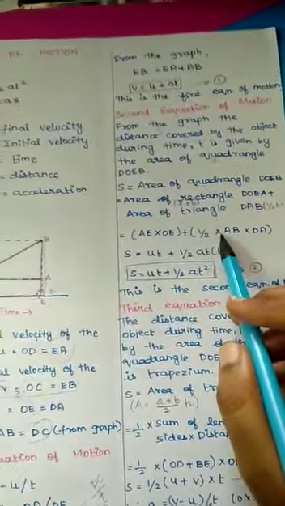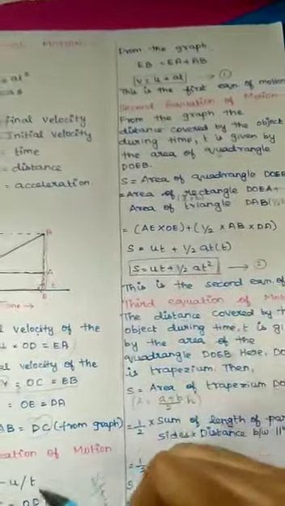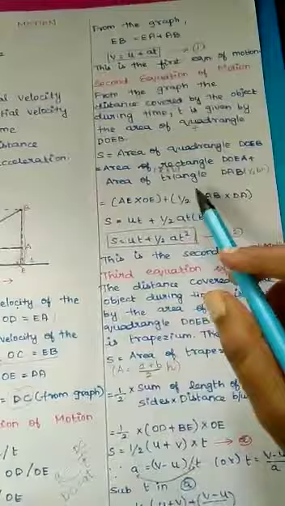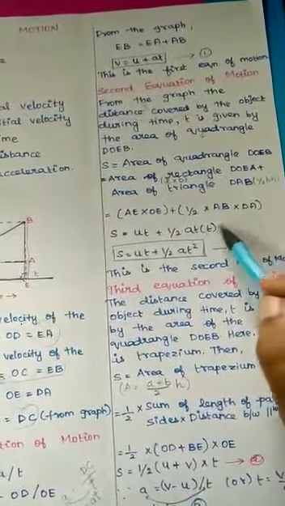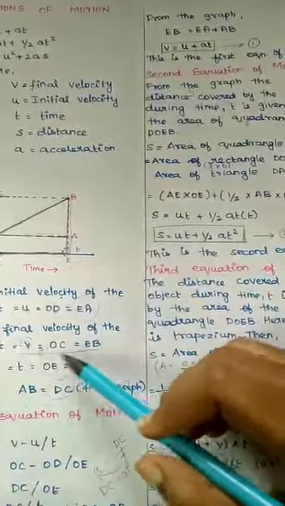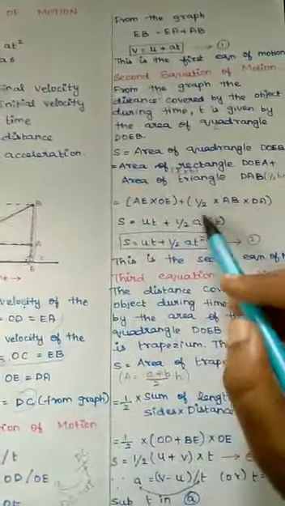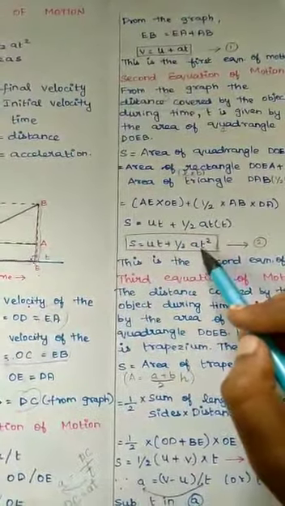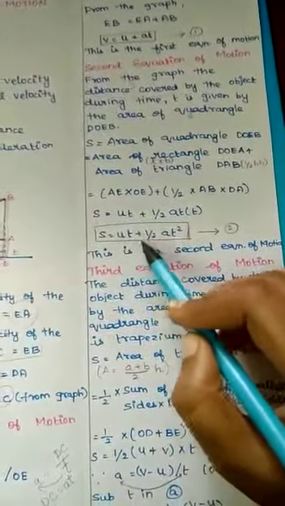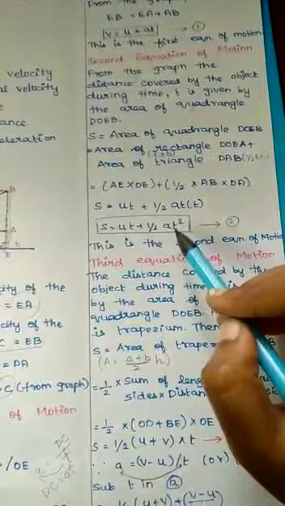AB is what? We found out already, AB value is AT. So AT into DA, and DA will be T again. So AT into T will become T square. The second equation of motion will be S is equal to UT plus half AT square.